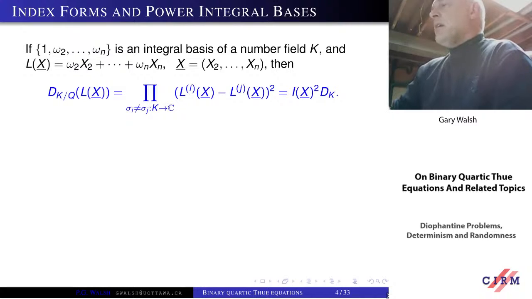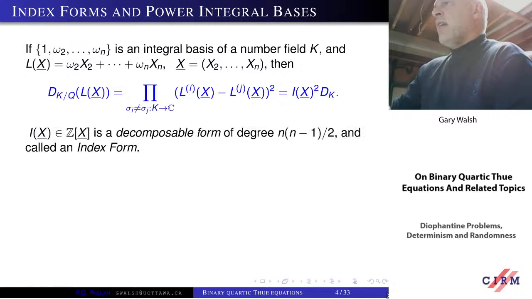And if you do that, what you end up with is a polynomial I of x to the power 2 times the discriminant of the field. And this I of x is the polynomial that we're trying to get our hands on. It's a decomposable form with integer coefficients, and it's obviously of degree n times n minus 1 over 2, where n is the degree of the number field K, and this is called an index form.